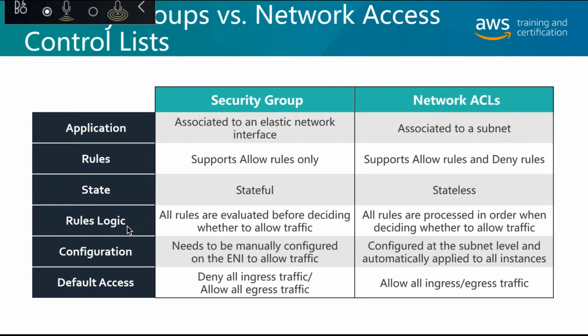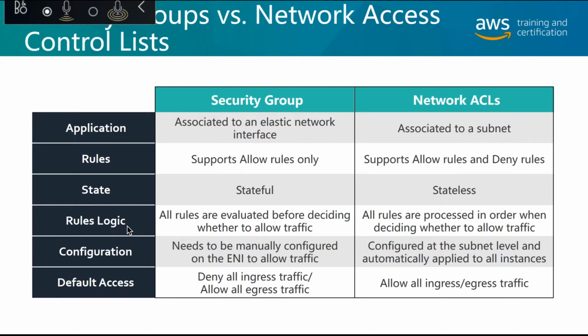Stateful means that if I create an allow rule for SSH, I'm going to use the same connection for the inbound and outbound traffic when someone does an SSH. I don't need to create inbound and outbound rules. I can just say inbound, allow SSH port, and traffic can go through that connection.